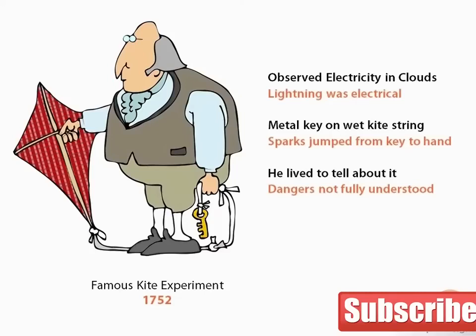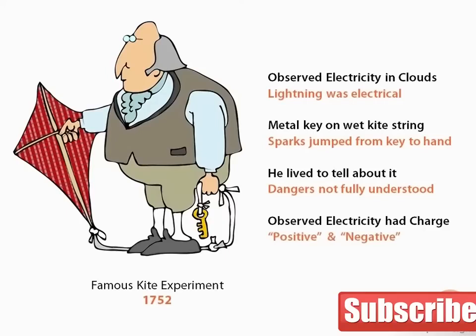Fortunately for Franklin, he was well insulated and not in the conducting path. Others trying similar experiments were not so fortunate and suffered death by electrocution. Besides discovering that electricity existed in clouds, Franklin also observed that electricity had charge. He was the first to identify positive and negative charges.